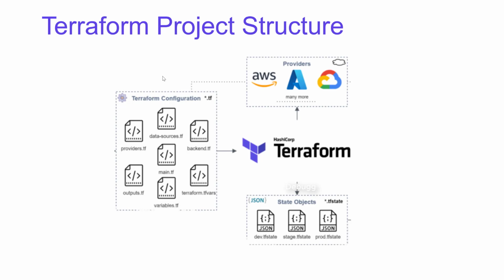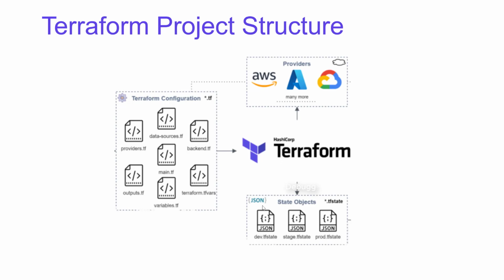The naming convention doesn't matter, but the code we write should follow what the Terraform documentation says, like provider blocks, resource blocks, and data source blocks. The provider is the cloud which we will be using. There are a lot of providers available. Some examples are AWS, Azure, GCP, vSphere, etc.